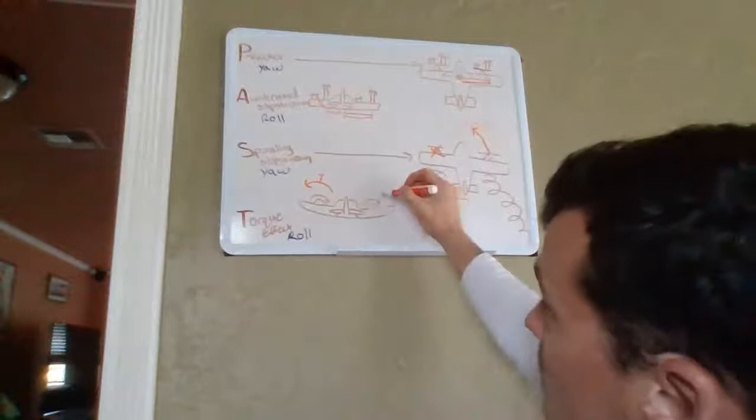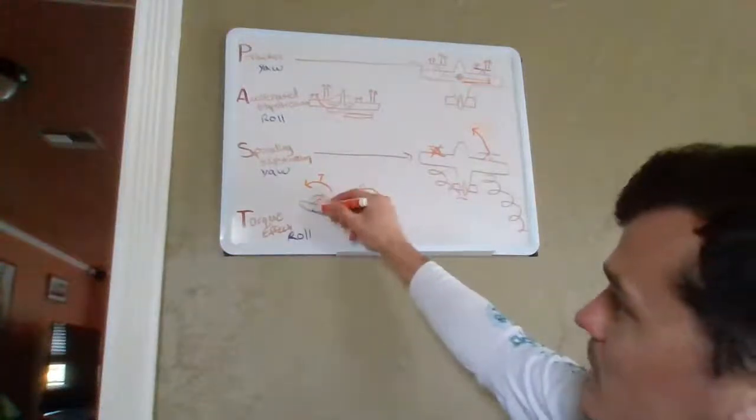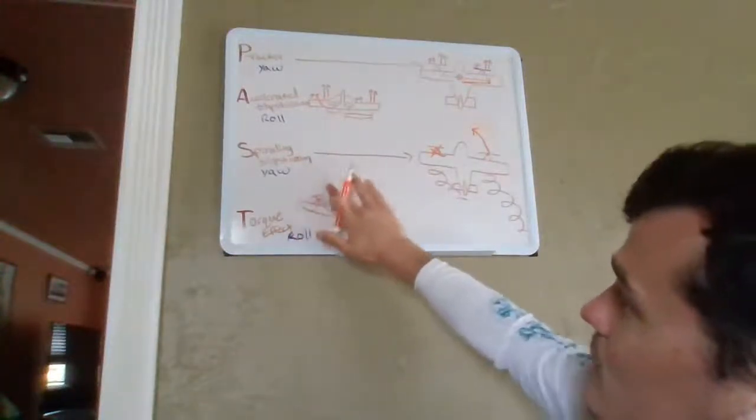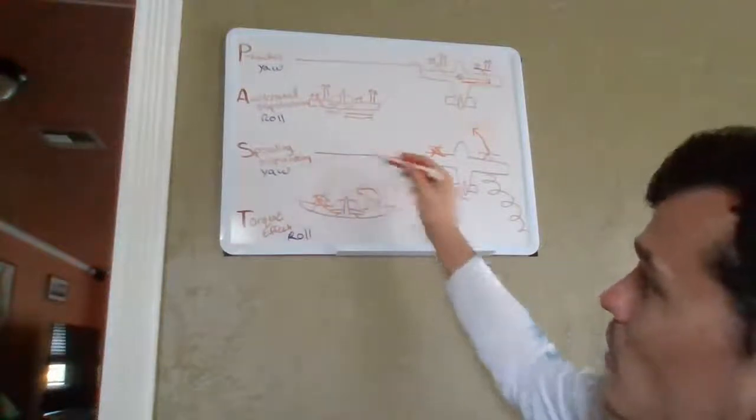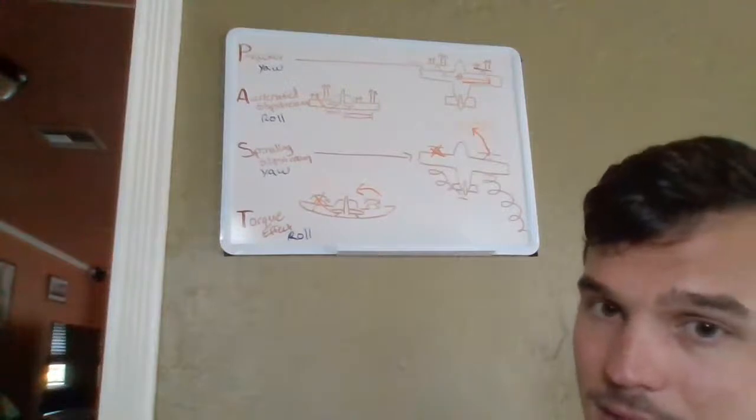So the engine that has the greatest effect on controllability if it fails is the left engine. Let's say that left engine's gone: no more torque effect, and this aircraft wants to roll more towards the left engine because of that.